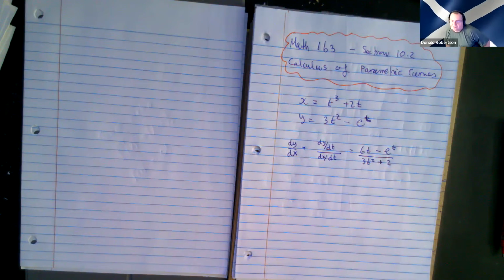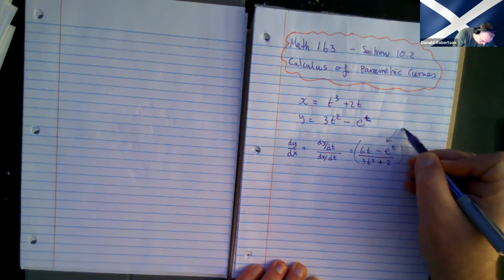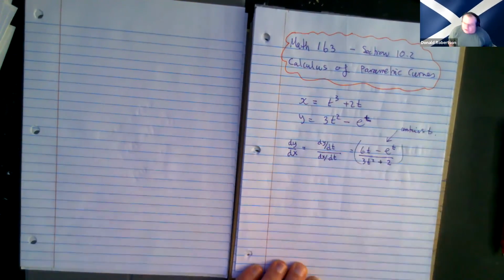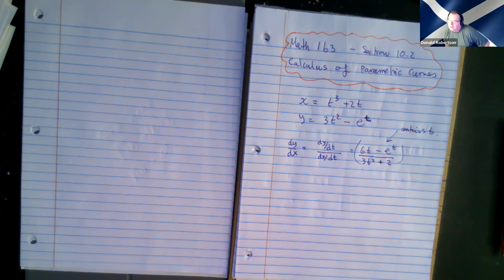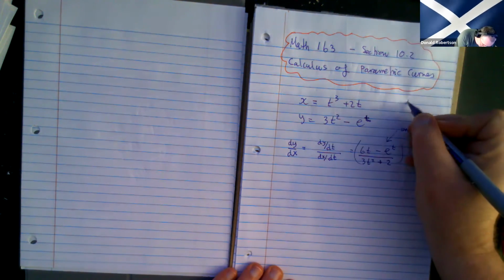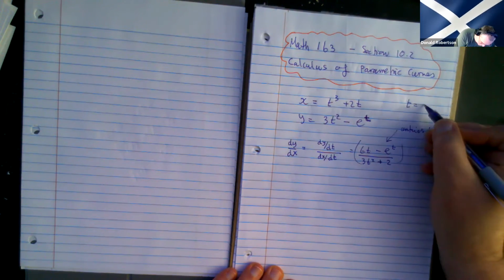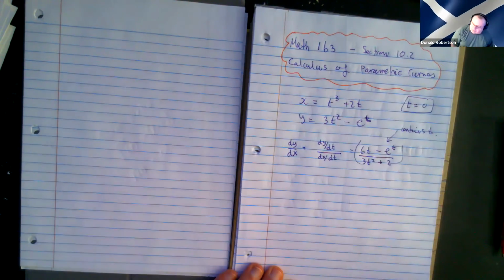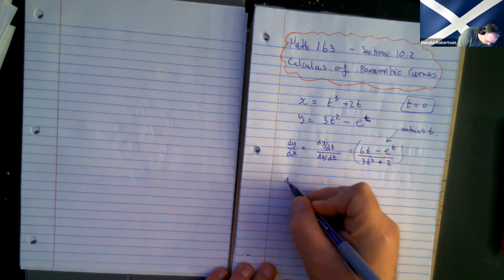So when you differentiate a parametric equation, the answer you get will also contain t. Does that make sense? So if I wanted to know what the slope of the tangent line at t equals 0 was, then I would find the derivative.